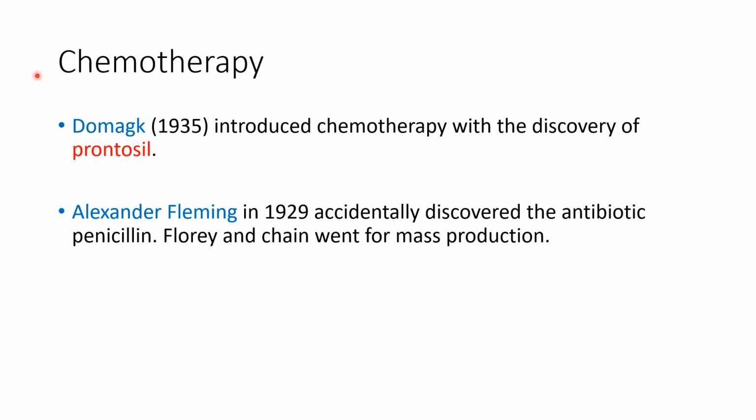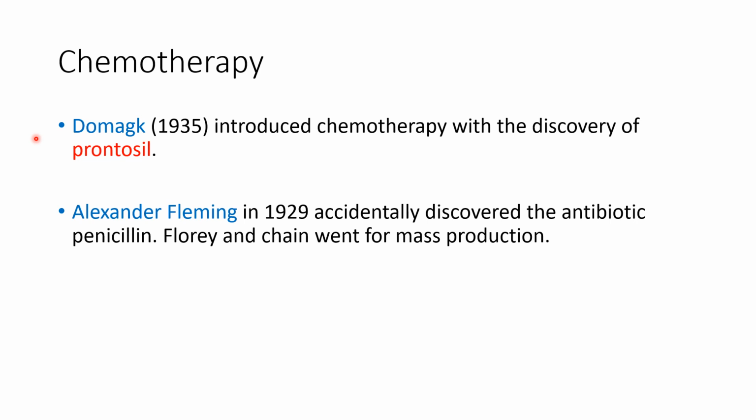Now, the concept of using chemicals to treat patients suffering from a disease came into existence, and that is called chemotherapy. This concept was first given by Domagk, who introduced a drug called Prontosil. This was in fact a pure chemical, an azo dye.